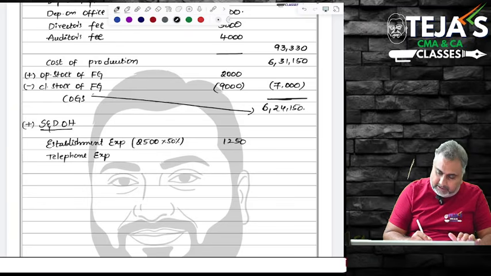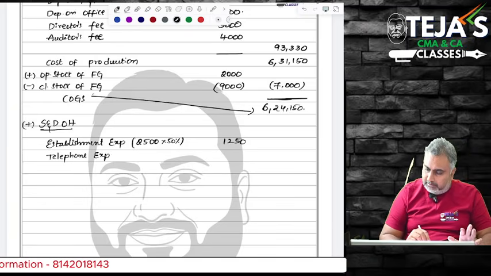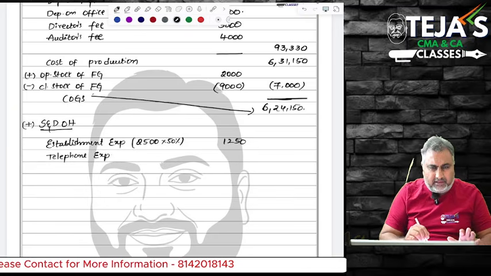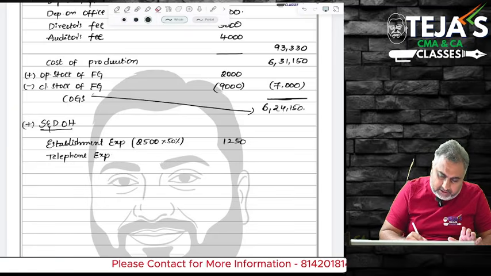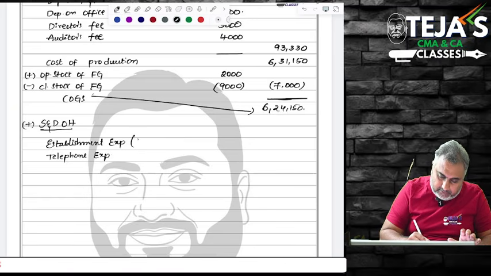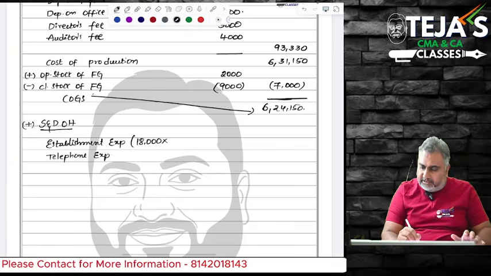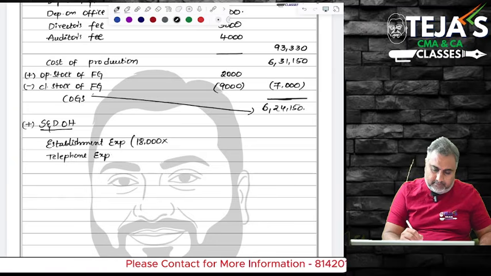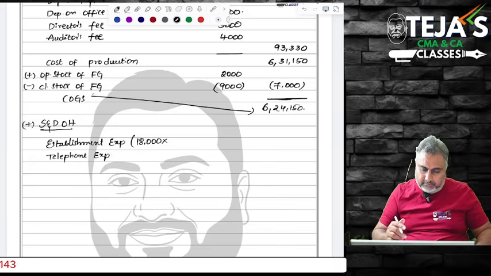Telephone expenses also. My establishment, how much? 18,000, into how much percent belongs here? 25%.